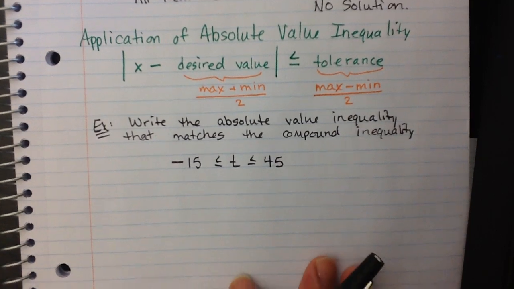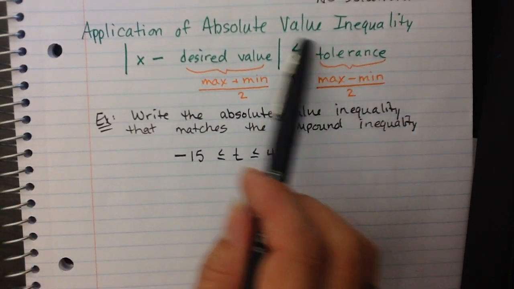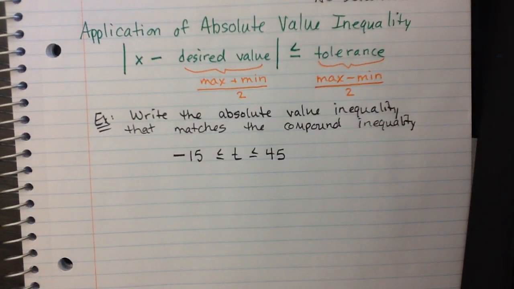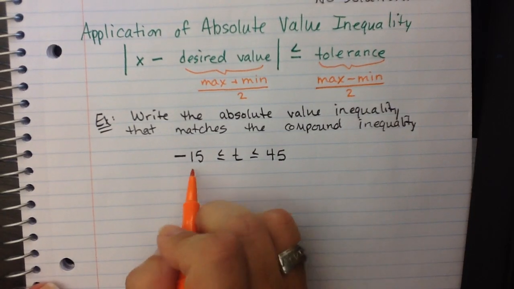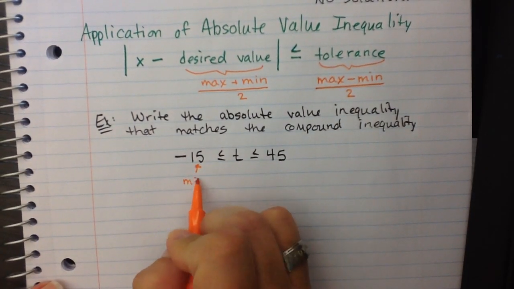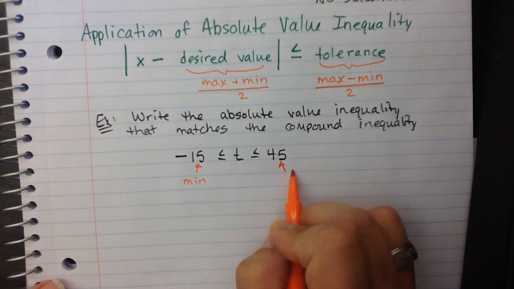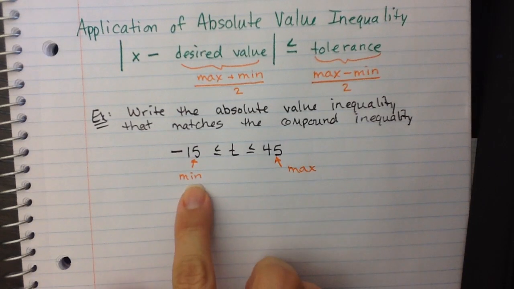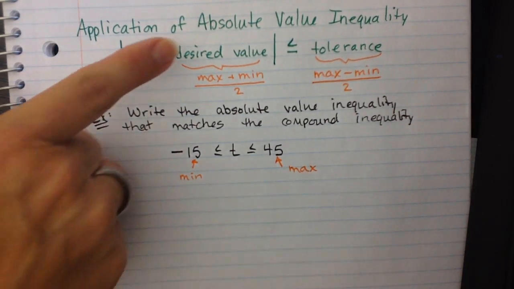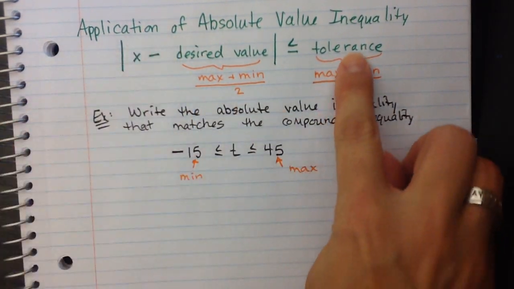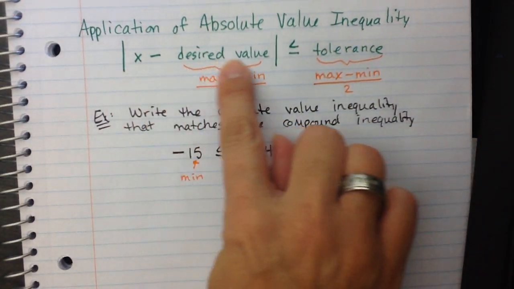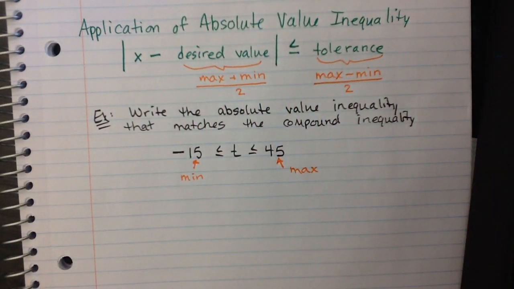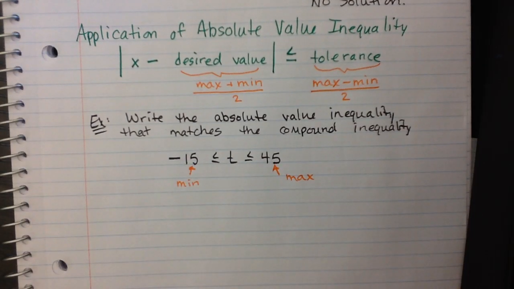So at first, it may be difficult to recognize that that goes along with this kind of a problem, but what we're given in this problem is a minimum value and a maximum value. So from our minimum value and our maximum value, we're going to be able to figure out the desired value and the tolerance, and then we'll be able to create this absolute value inequality that will match our compound inequality.